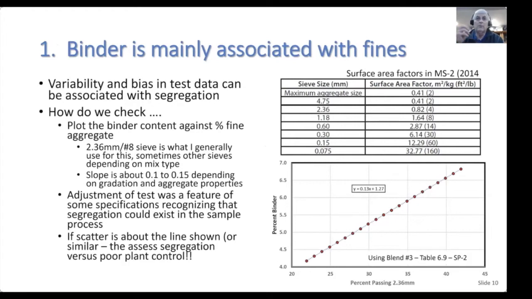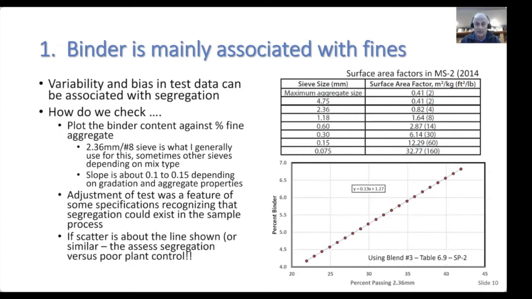First of all, we have to recognize that binder is mainly associated with fines content in an asphalt mixture. Variability and bias in test data can be associated with segregation, with, say, bad sampling or bad laydown or some other reason. So how do we look at this? A very simple way: we take the percentage passing a sieve that divides the fine and coarse aggregate.